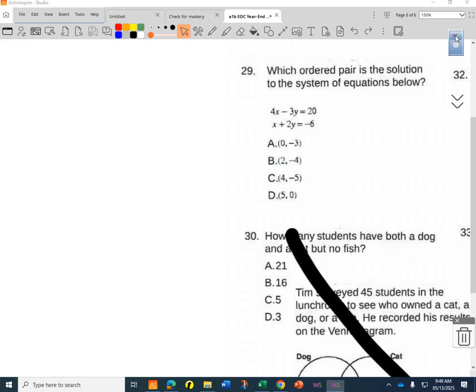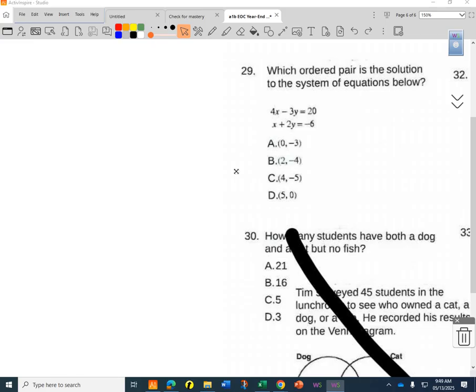So we learned several ways to solve a system of equations: by graphing, which we're not going to use, and by substitution or elimination. Those are the ways that we can solve them easiest algebraically. If we have a system of equations where one of the equations is solved for a variable, in other words, if this said x equals negative 2y minus 6, we might want to use substitution.